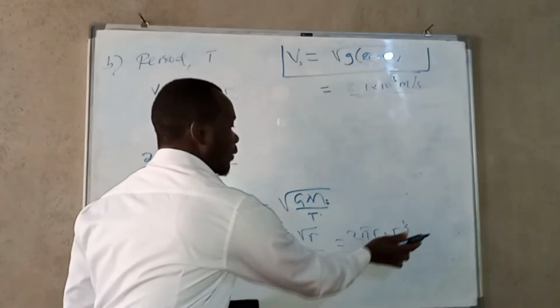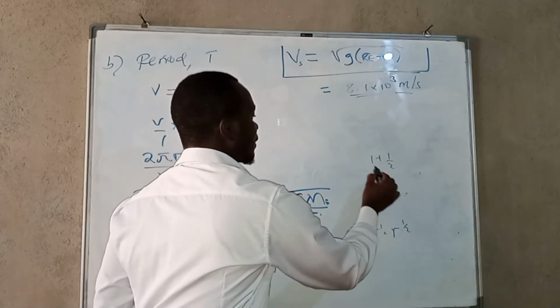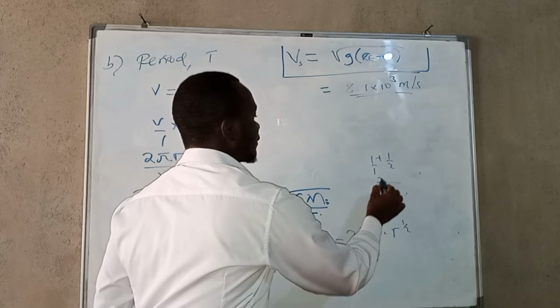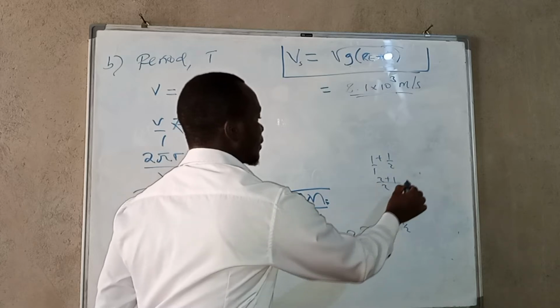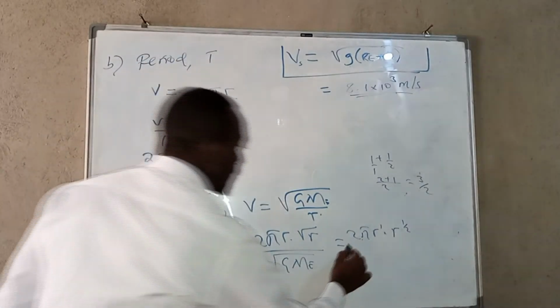Since the bases are common, we can add the powers. So r is raised to the power 1, so it's 1 plus 1 over 2, which is 2 plus 1 over 2, so we are going to have 3 over 2 on top.